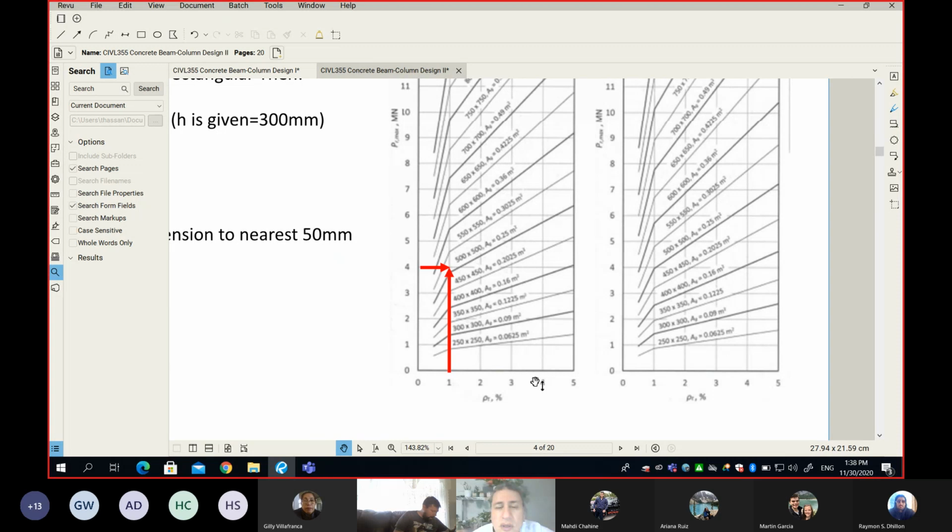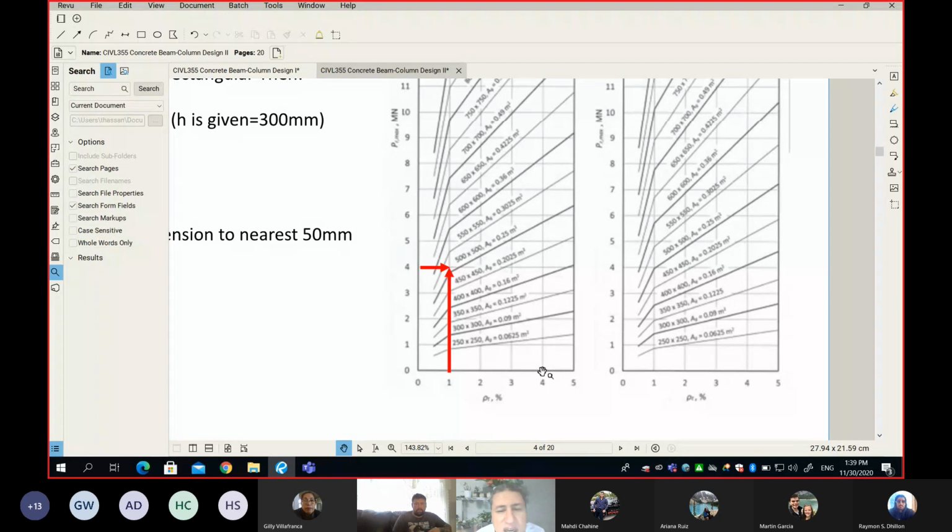Reinforcement ratio. We discussed in our class that the minimum reinforcement ratio for column is 1%. So we always start from 1%. And if it happens after I'm proceeding on my design and the column dimension gets crazy, what I do is I can go back and I change my 1% into 2% or 3% and maximum 4% to be able to shrink my concrete dimension.